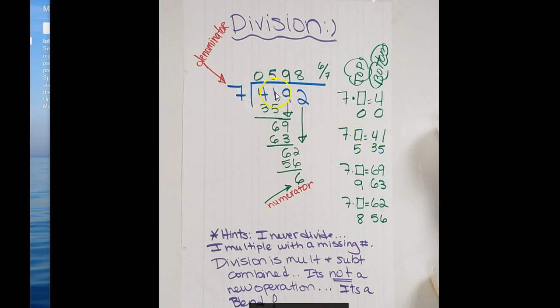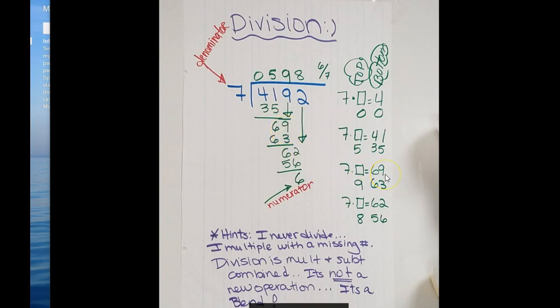Because I'm using both numbers now. Well, if you know your 7 facts, 7 times 5 is 35. 7 times 6 is 42, and darn, you missed it. It's going to be 5. Now this 5 goes on top, and this 35 goes on the bottom. So the 5 goes up here, 35 goes down here, subtract 6, bring down 9, start all over.